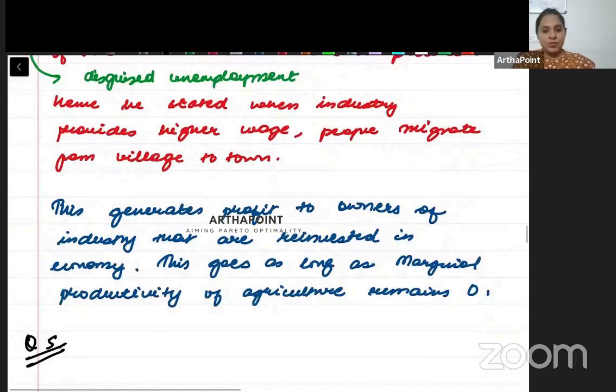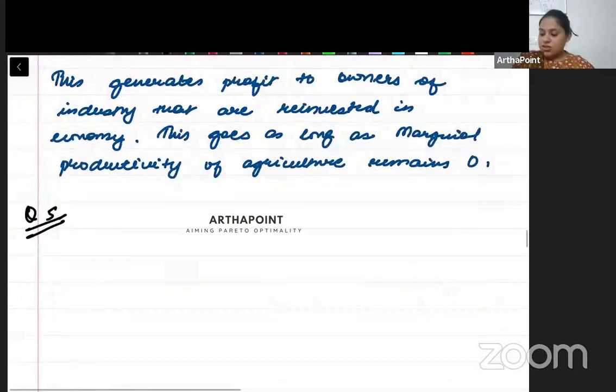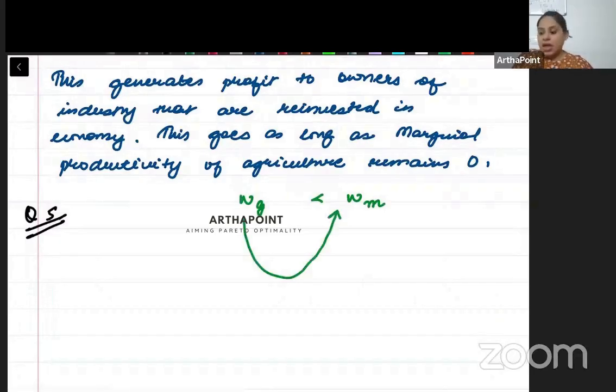So what did he say? In such a scenario, if the modern sector provides higher wages, then people will migrate. Suppose the wage in the modern sector is greater than the wage in the agricultural sector, then people will go from agriculture to the modern sector. Output of agriculture will be unaffected, because the additional labor in agriculture was disguised.